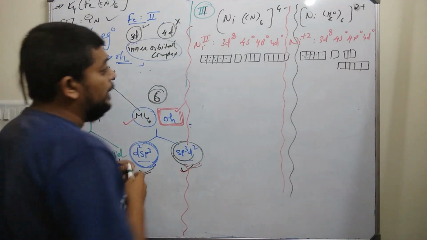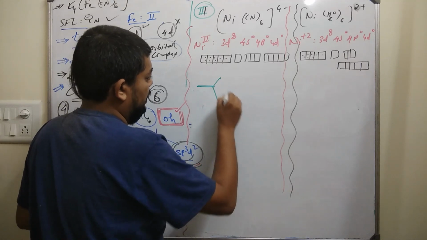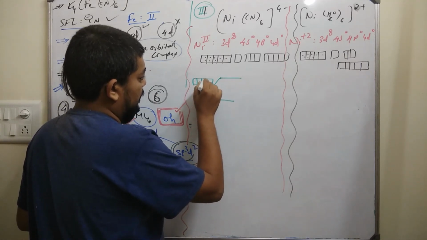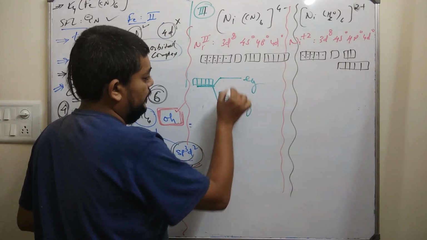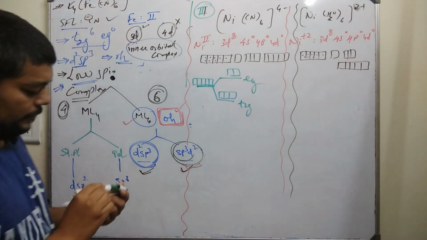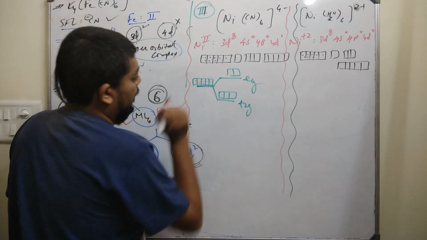Friends, let us split this into two sets, T2G and EG. Eight electrons.